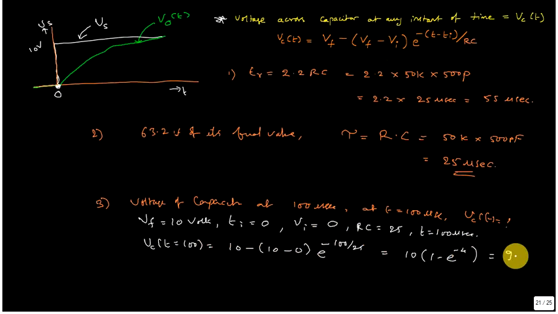That is around 98%, that means 9.8 volts. At t equal to 100 microseconds, the voltage across the capacitor is 9.8 volts.